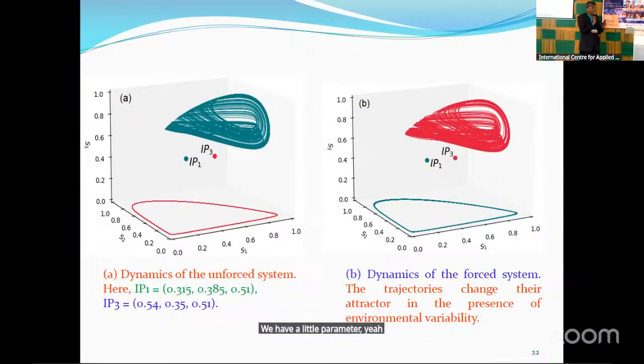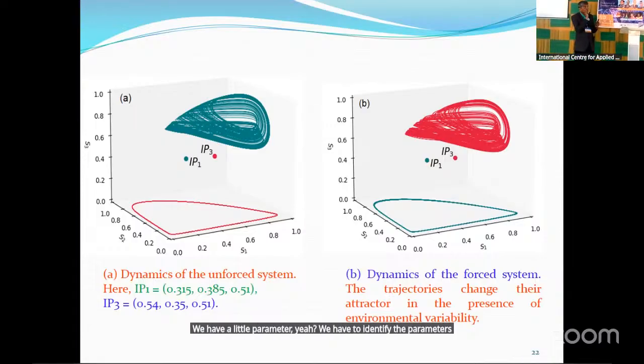You have to identify the parameters which you want to make time dependent. That depends on the modeler and the system demand. So if you consider it as a parameter, it is your bifurcation parameter.